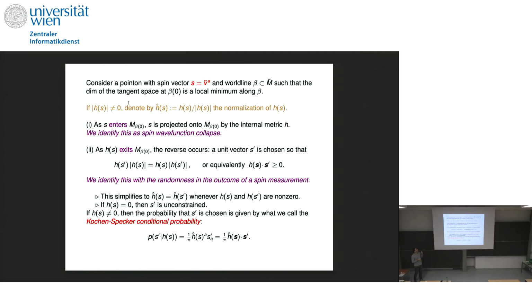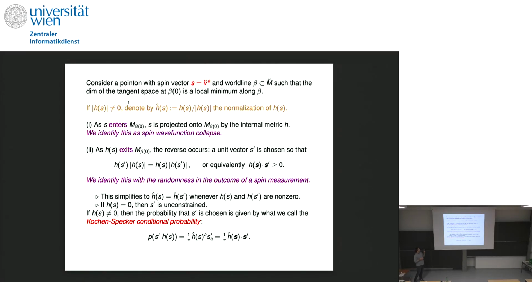Okay, so now consider a pointon with spin vector S and worldline beta such that the dimension of the tangent space at beta of 0 is a local minimum along beta. If the length of H of S is non-zero, we denote by H hat its normalization.